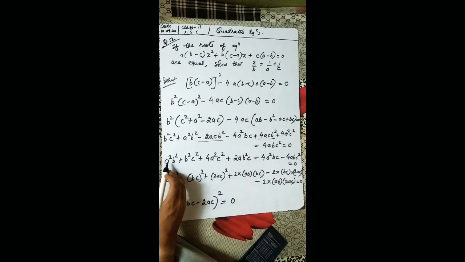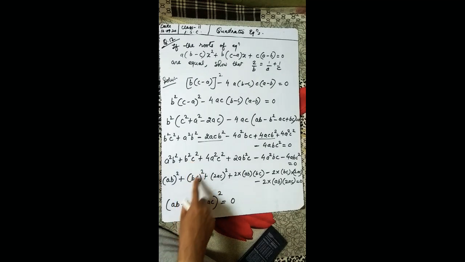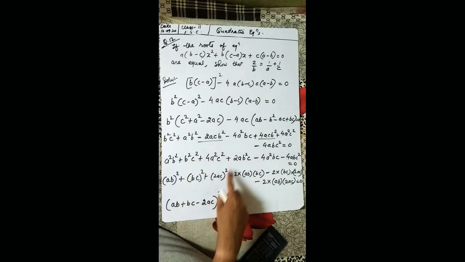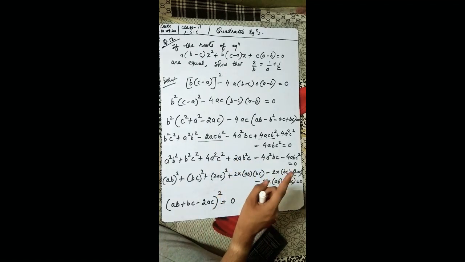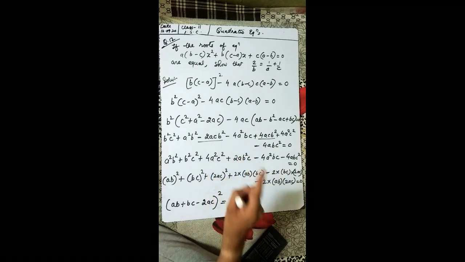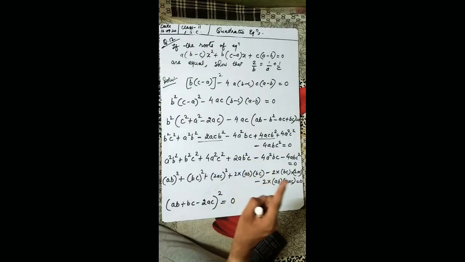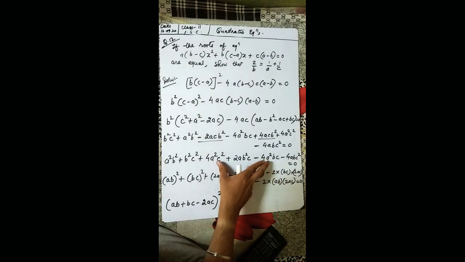Now I'm writing this a square b square as ab the whole square plus, this b square c square as bc the whole square plus, and this as 2ac the whole square. Are you remembering the a plus b plus c the whole square identity, which says a square plus b square plus c square plus 2ab plus 2bc plus 2ca? That is what we are molding that identity into.